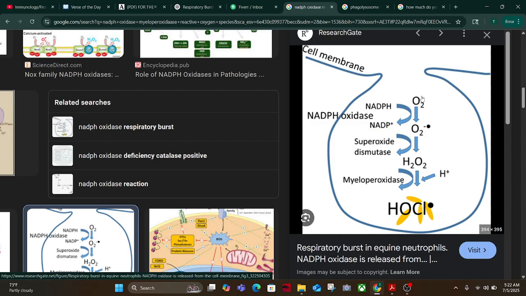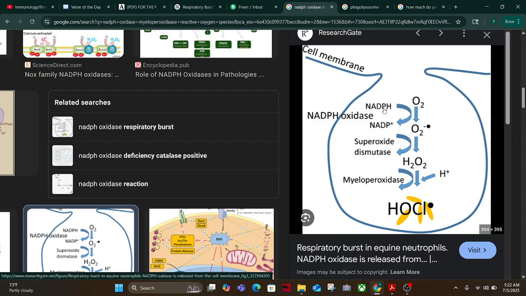So first you encounter oxygen, then superoxide, and then hydrogen peroxide, and then bleach. So I think of this as O2, O2 minus, H2O2, bleach. And then in the middle of this, we have N, S, and then M. Only three enzymes.